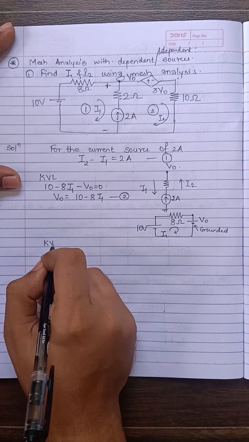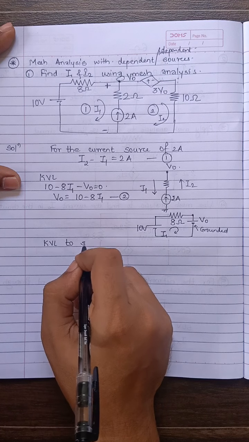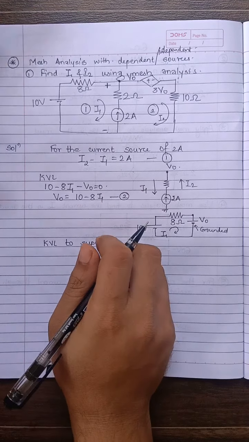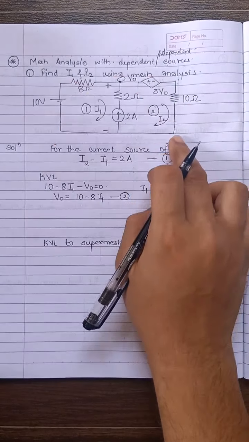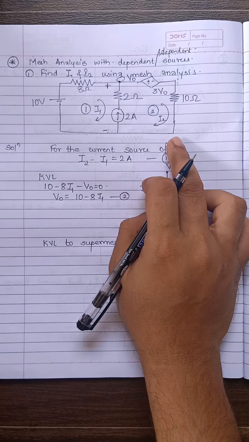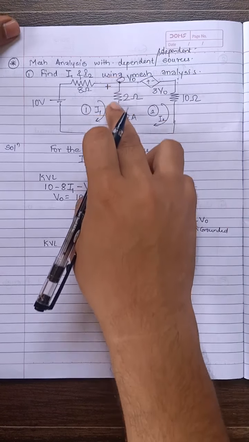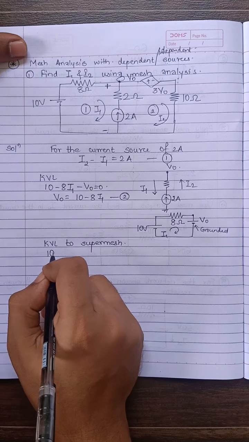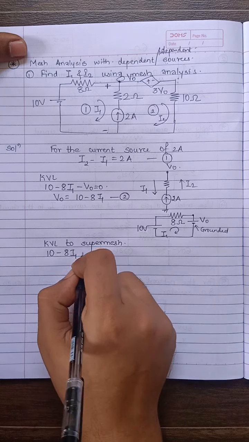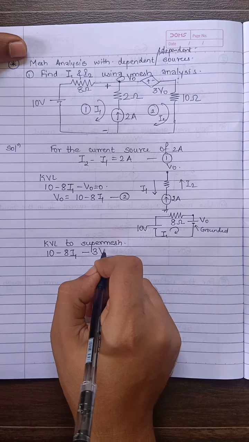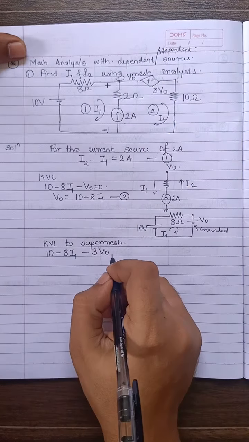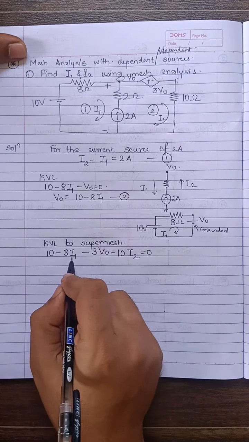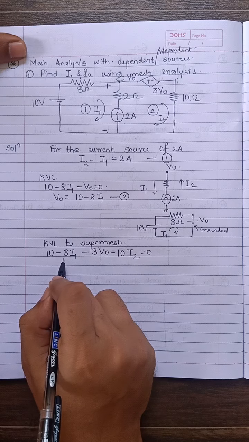Now KVL to the super mesh. When I apply KVL to the super mesh, which is the outer loop over here, because we cannot apply KVL through this since there is a current source in between, the equation will be 10 minus 8 I1 minus 3 VO minus 10 I2 equals 0. So there are 3 unknowns, right?